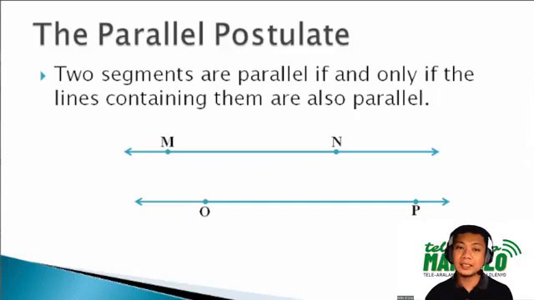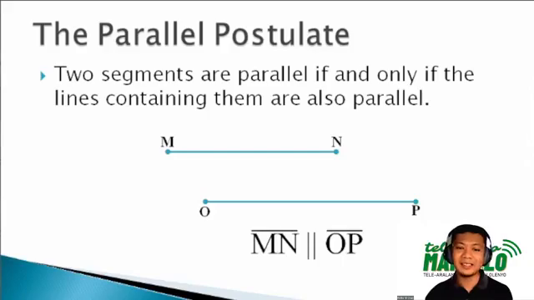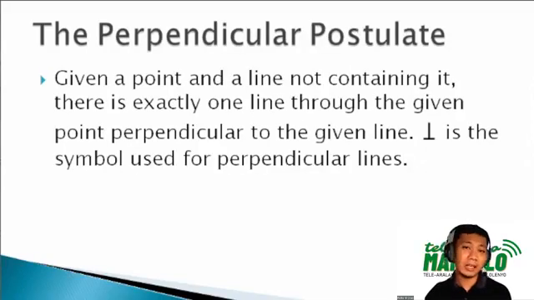If those lines are parallel, then those segments are also parallel because they are contained on parallel lines. We can now state that segment MN is parallel to segment OP. There you go. How about the perpendicular postulate?